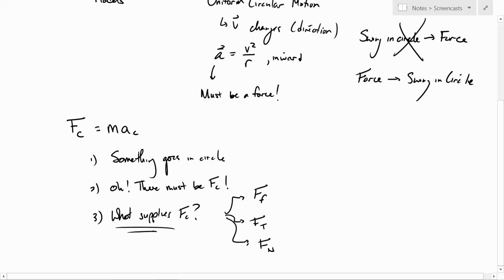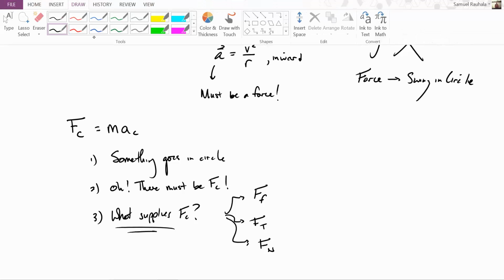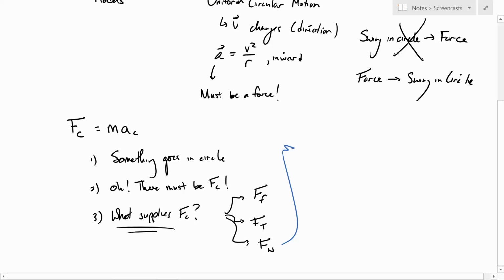Or the normal force. The normal force is a weird example of this, but consider, if you will, a vertical circle. For example, you have a motorcyclist, a person on a motorcycle, who's clearly wearing a helmet, going around in a vertical circle.